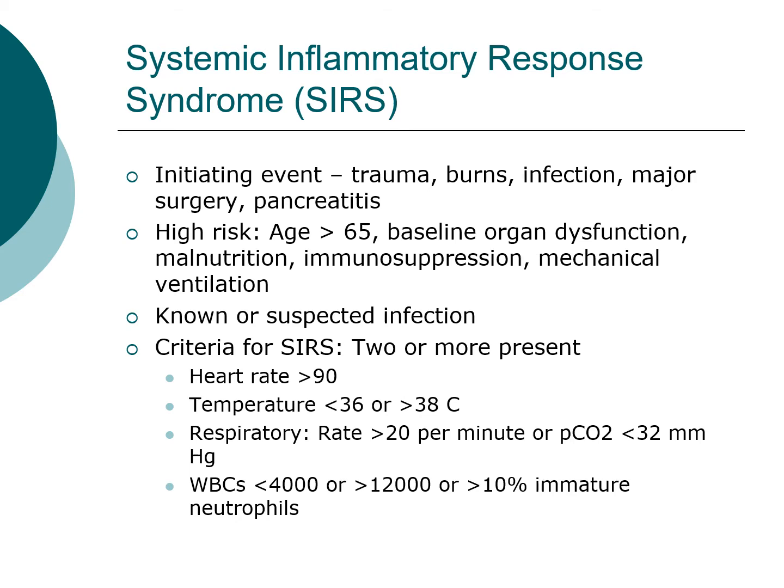If someone is under assault from an outside organism and they need to produce infection-fighting white cells, a variety of neutrophils, what this is telling you is that if there are more than 10% immature neutrophils, your bone marrow is really in overdrive, trying to make as many neutrophils as possible, as fast as possible, and a greater percentage of those will be immature. So it means there's an infection, and your body is desperately trying to fight it off.